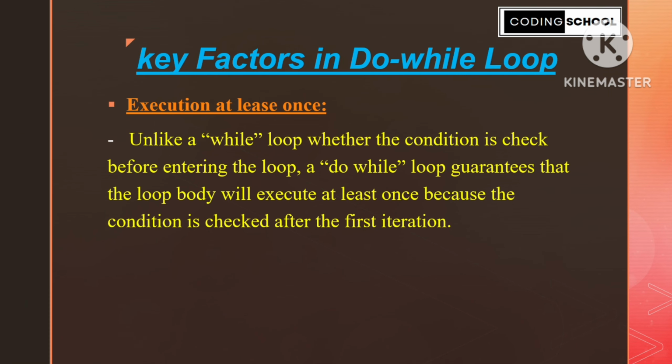Now we will study some key factors of do while loop. So the first factor is execution at least once. It means in while loop the condition is checked before entering the loop, but in case of do while loop it guarantees that the loop body will execute at least once because the condition is checked after the first iteration. Let's check whether this statement is true or false.